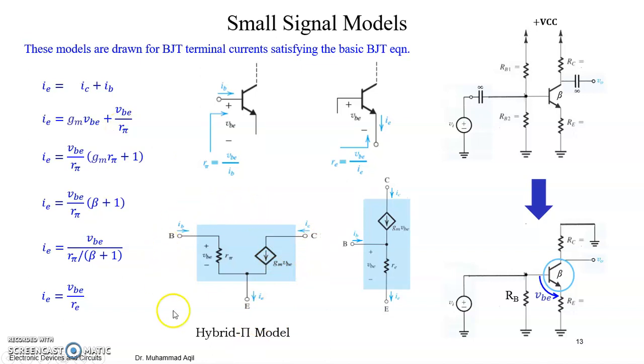So we now call it the hybrid pi model, right? Pi because its shape is like a pi, and this model the T model. They both are equal, right? We already proved it here. So why do we model both, if they are equal, when we could learn only one and use only that one? Why two?